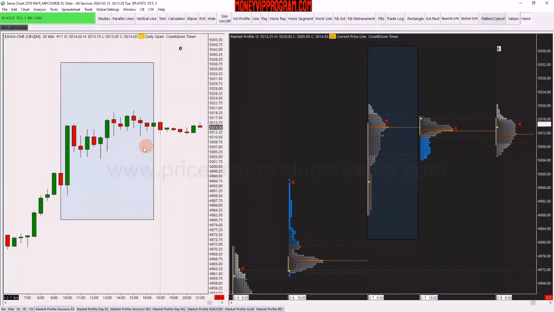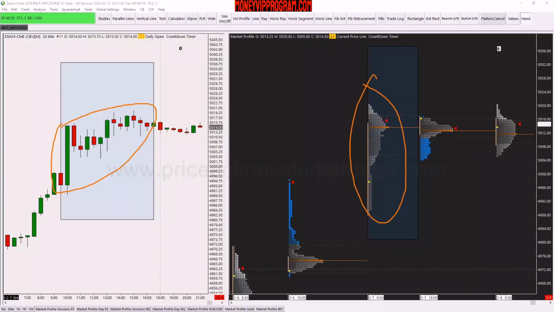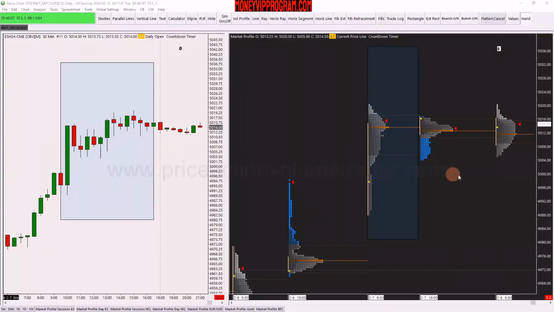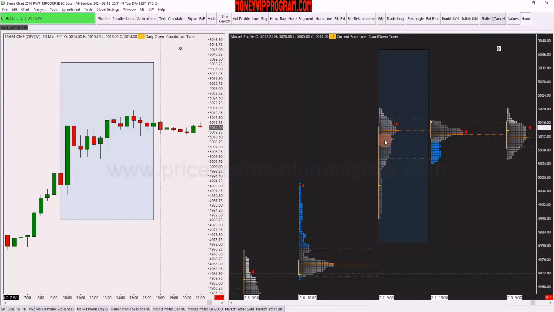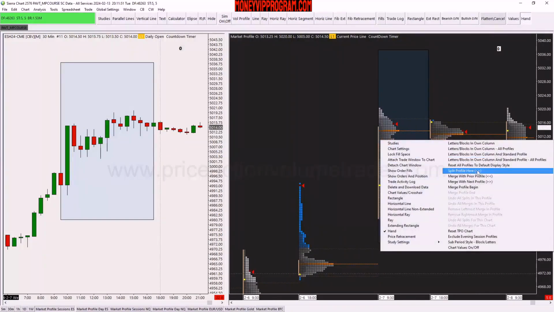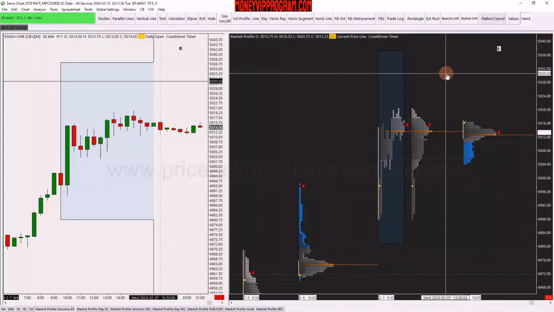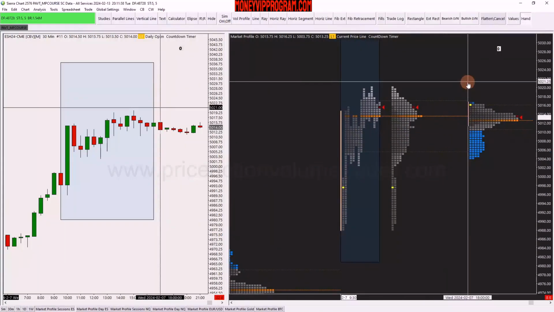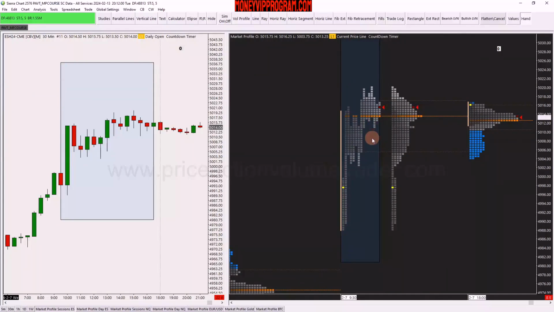So you can see this period right here, this is all the 30-minute candles that make up the regular trading hours of the stock market, and that will be this same profile right here. If I wanted to split that, I just right click on it and choose letters, blocks, own column and standard profile, and there you have the split version of this.